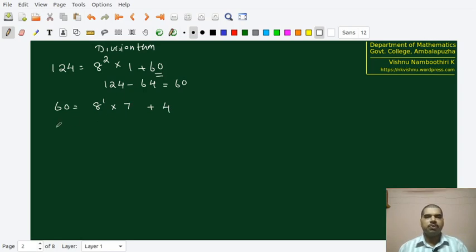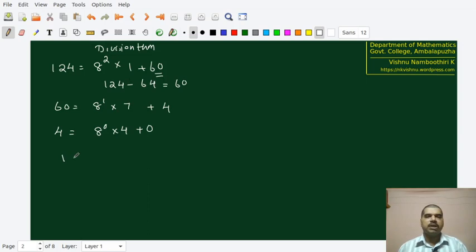Now the remainder is 4. Now we write the remainder 4 equal to 8 raised to 0 into 4 plus 0. Now there is nothing more remaining. Therefore, the digits we are getting: the largest one is 8 square into 1, so 1.